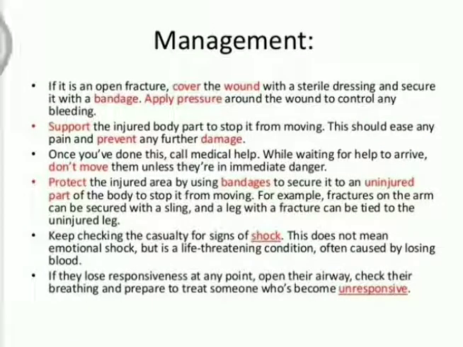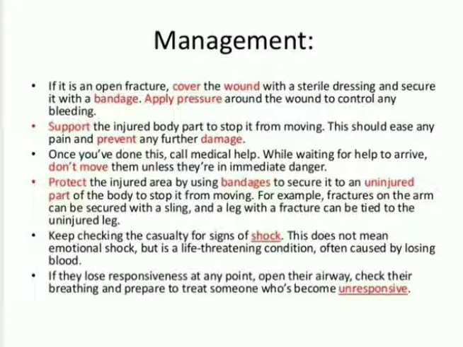Next, management. If the person has suffered an open fracture, cover the wound with a sterile dressing and then tie it with a bandage. Apply pressure around the wound to control any bleeding, especially if severe bleeding is there.